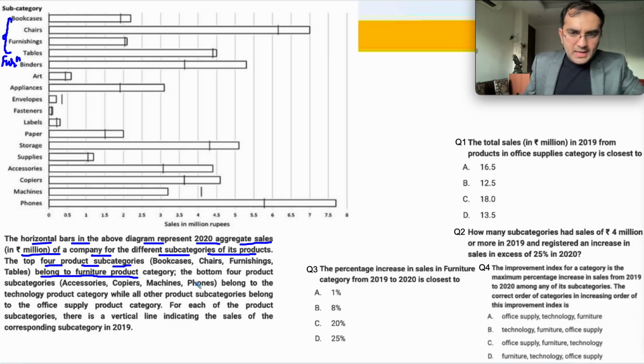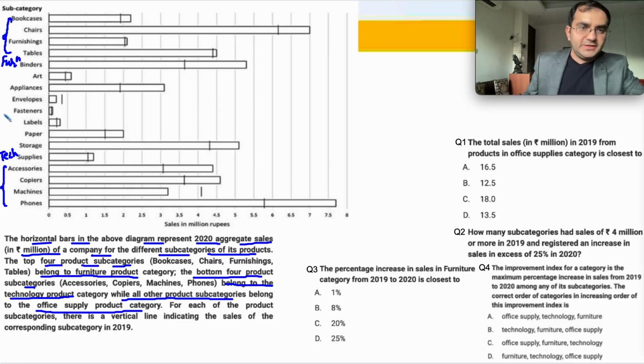The bottom four subcategories belong to technology. And while all the other product categories are office supply product category, बाकी के सारे office supply में आ जाएंगे. All the other remaining, ठीक है?